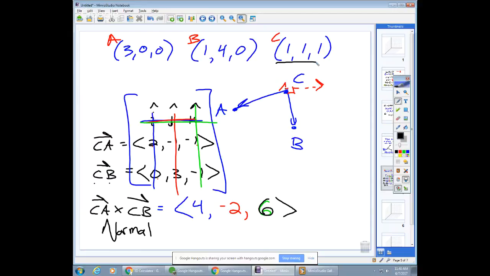So my plane, I'm going to sneak it in under here, should have the equation a is 4 times x minus 1, minus b 2, or plus b, which is minus 2, times y minus 1, plus 6, my c, times z minus 1, and that should be equal to 0. So if I did this right, that plane should pass through my points, and this vector should be perpendicular to that plane.